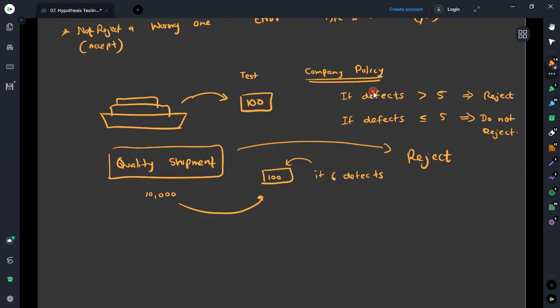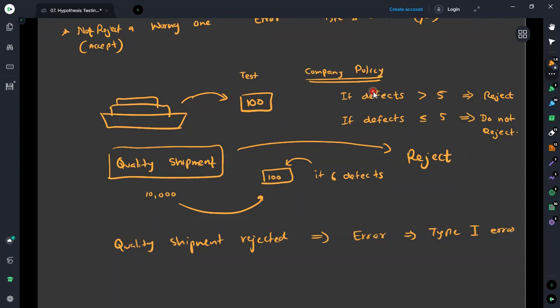Here, what they have done was that an actually good one, a quality shipment, is rejected. But this is an error that they have made, and this is supposed to be type 1 error. It is because they have rejected the true one, or actually a good one they have rejected.